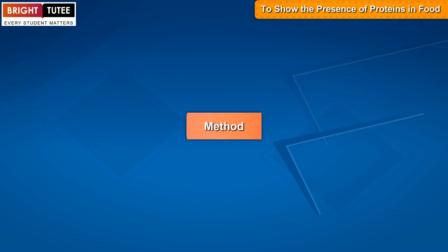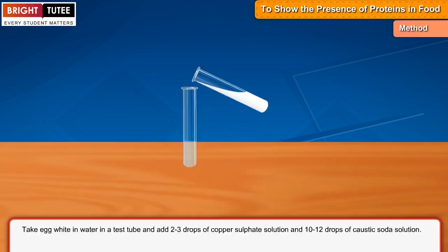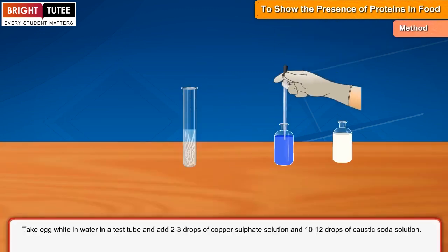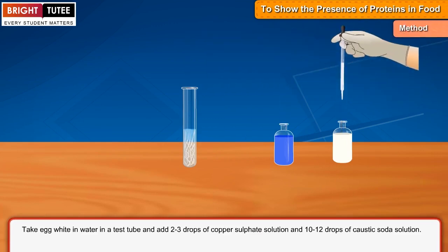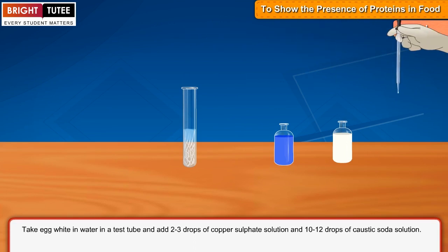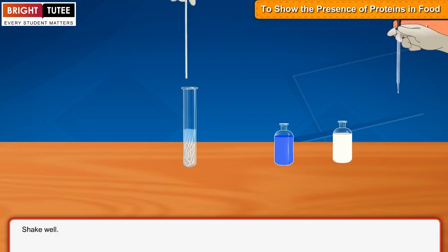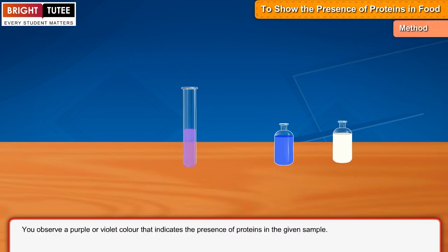Method: take egg white in water in a test tube and add 2 to 3 drops of copper sulfate solution and 10 to 12 drops of caustic soda solution. Shake well. You observe a purple or violet color that indicates the presence of proteins in the given sample.